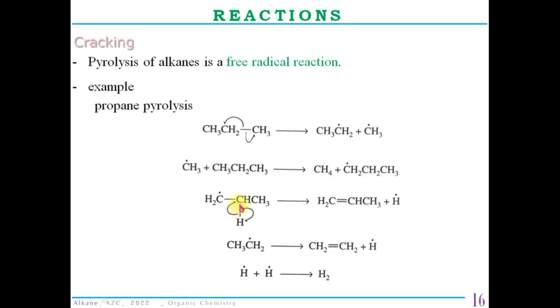Now, there is homolytic cleavage of carbon-hydrogen bond, which gives propene and hydrogen radical. Now here this ethyl radical converts into ethene and hydrogen radical, and both the hydrogen radicals give hydrogen gas.